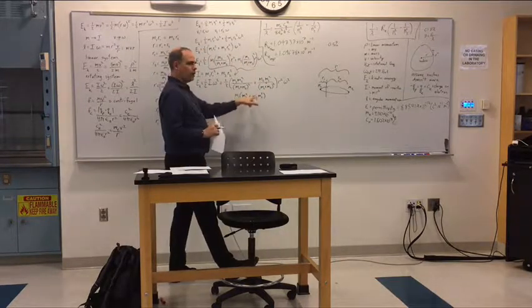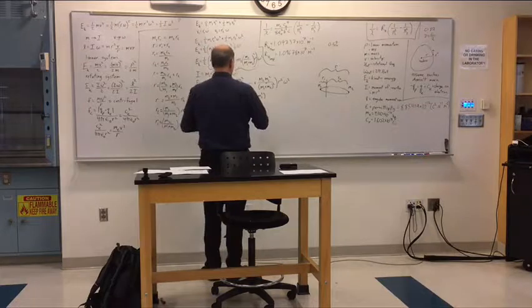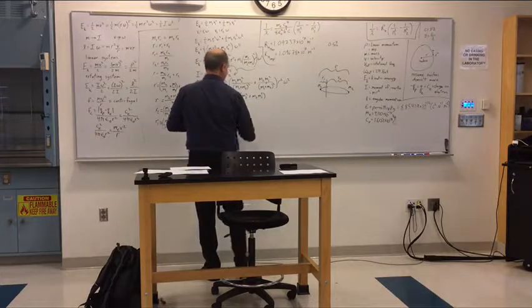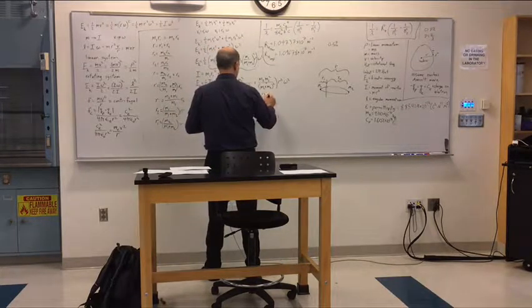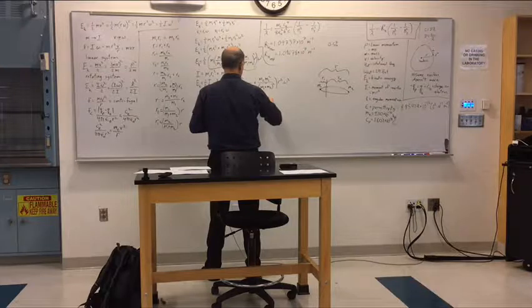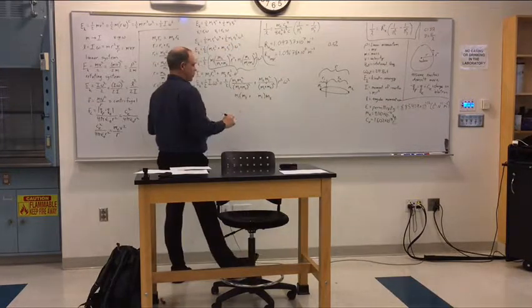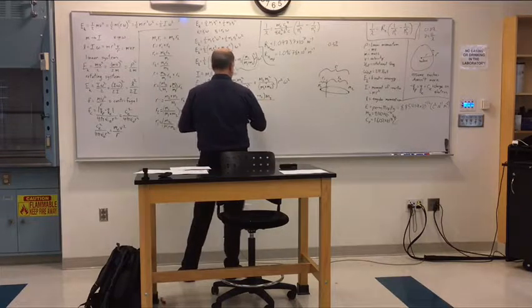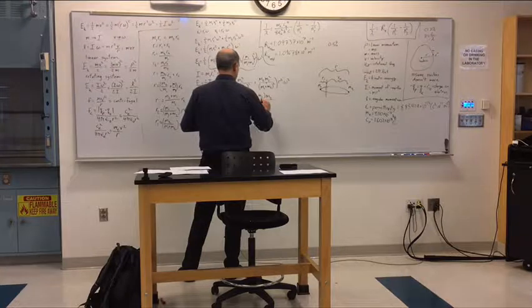We can then also pull out an M2. There we go. This is divided by M1 plus M2 squared.